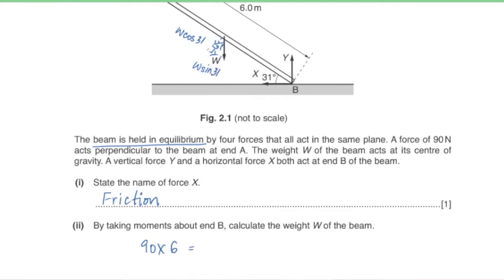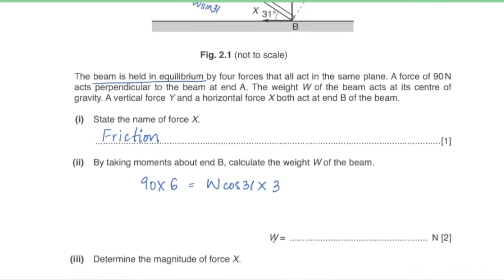Now what we need is W cos 31. This force should be multiplied with the perpendicular distance between this component of force and the dotted line at pivot B. So from the center until point B, it's going to be half of the length of the beam. So it's going to be 3 meters. And that's how I get weight as 210 newtons.